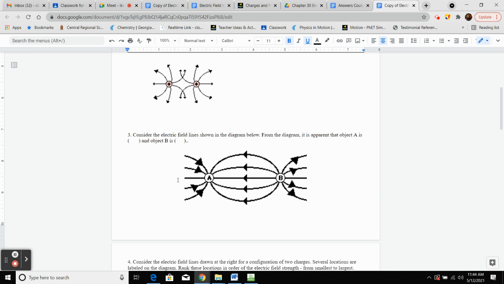In number 3, consider the electric field lines shown in the diagram below. From the diagram, tell me what charge is object A and what is object B. Well, field lines always come out of positive. Which one are they coming out of, A or B? So B would be positive.